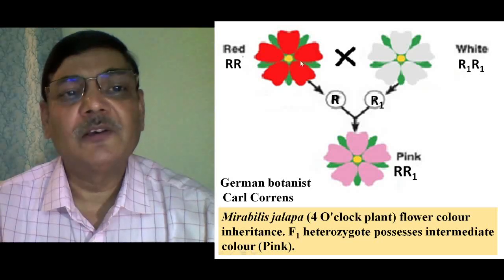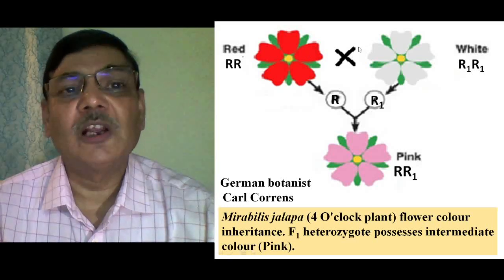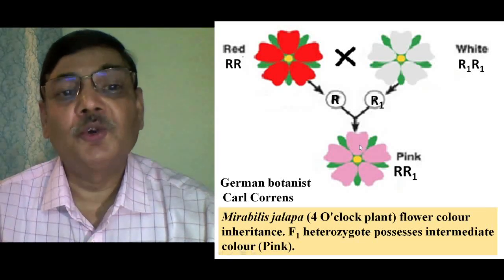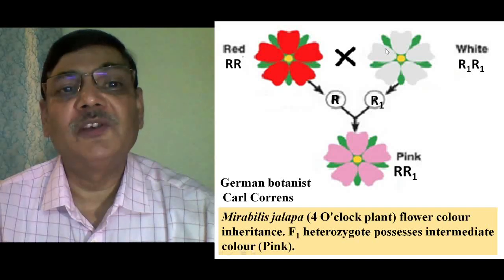And in this plant, he found plants having red flowers and white flowers. He also saw certain plants having even pink flowers. So he actually studied the inheritance pattern of this specific phenotype, that is inheritance of flower color in Mirabilis jalapa.